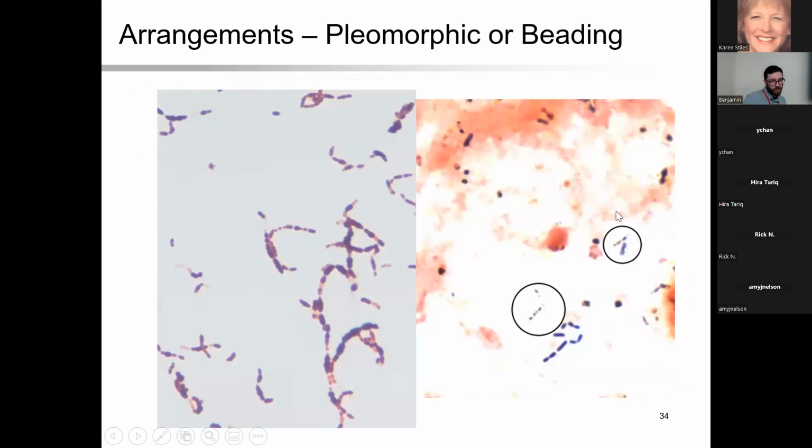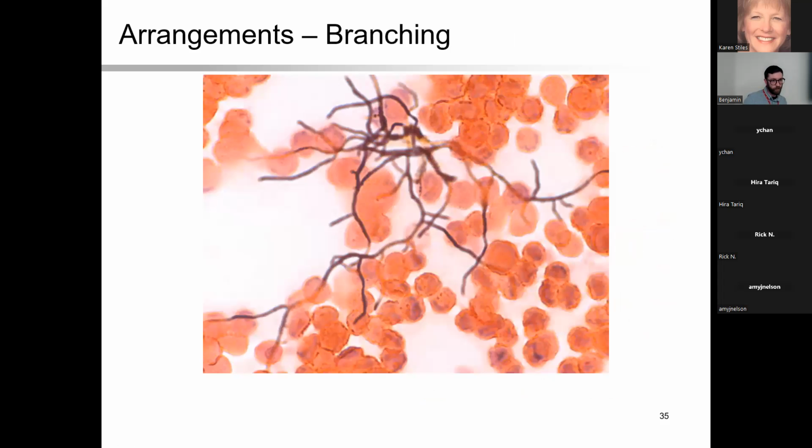And then sometimes you will get some stranger things, like a Nocardia or a Propionibacterium, that will stain very irregularly and be very difficult to see in your gram stain. Keep your eyes out for those too.